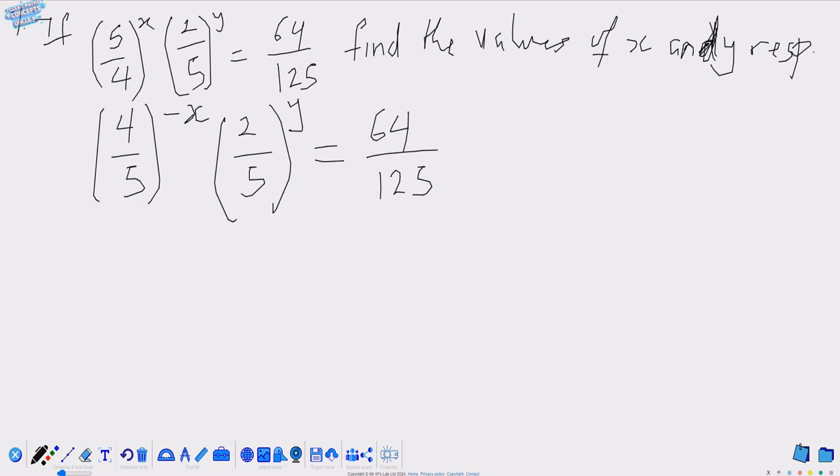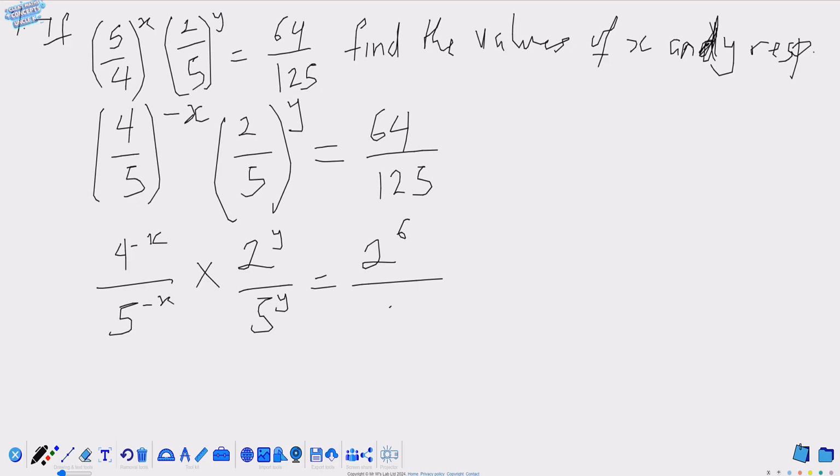So let's do that. So you have 4 raised to power minus x over 5 raised to power minus x, times 2 raised to power of y over 5 raised to power of y. Then you have 2 raised to power of 6, and 5 raised to power of 3. So now you have 2 raised to power of minus 2x, because 4 is 2 raised to power 2, right?